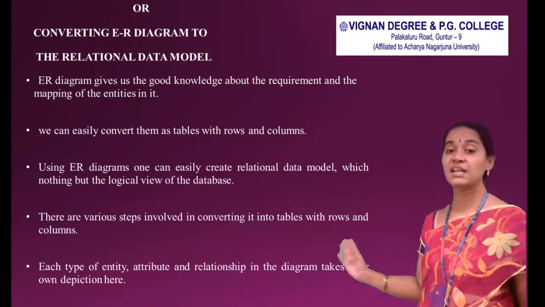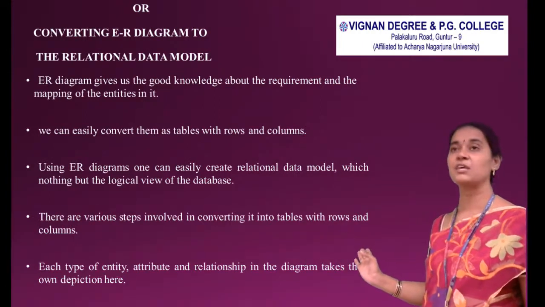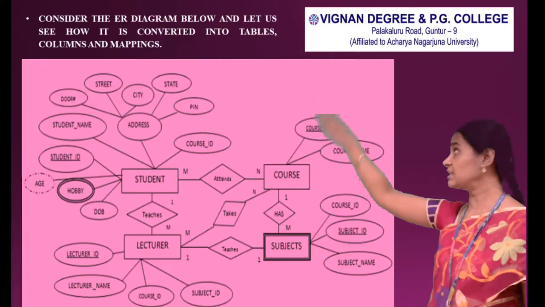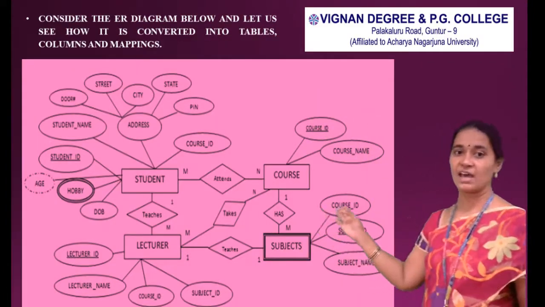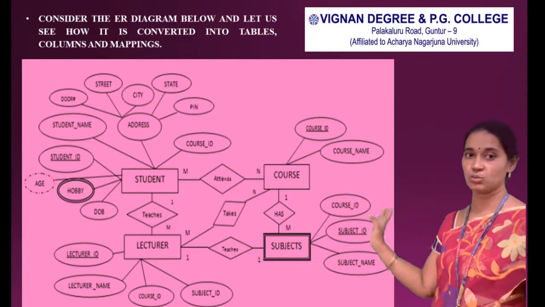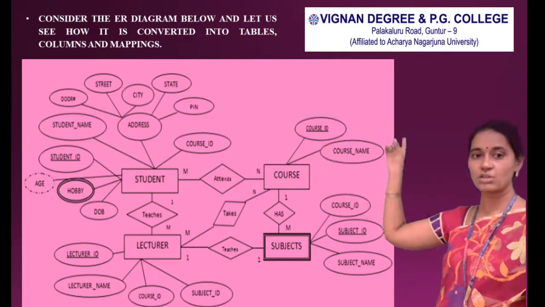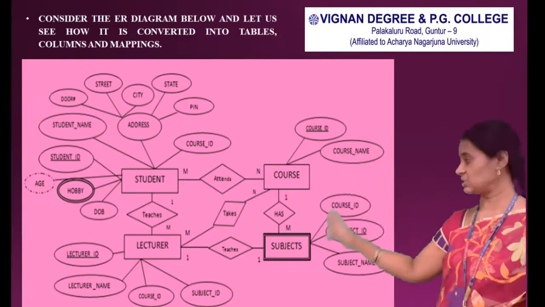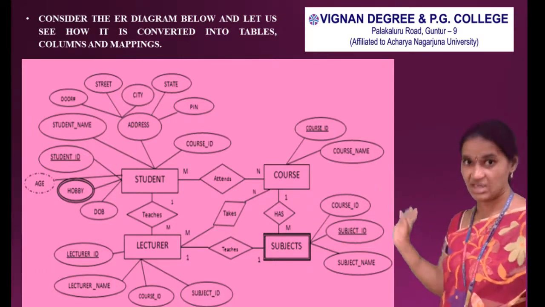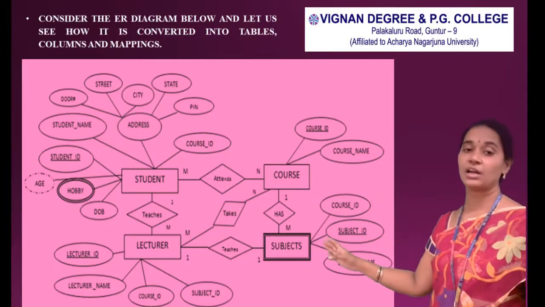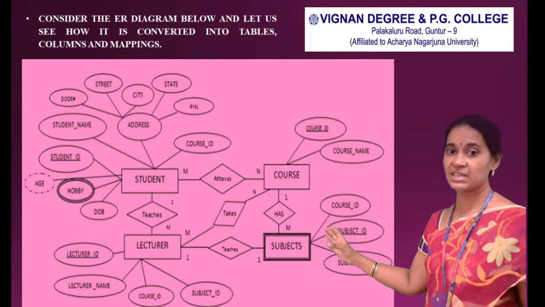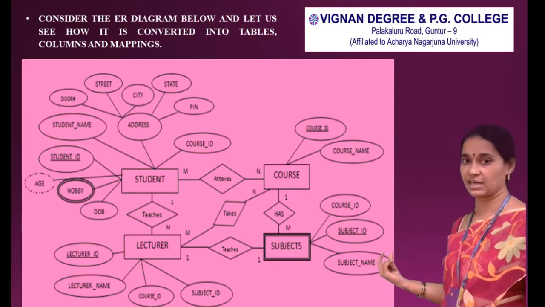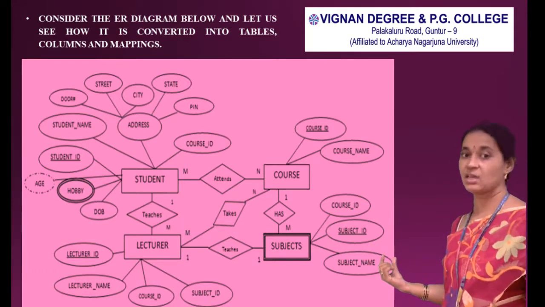Now let us consider an ER diagram and see how it is converted into tables. In this diagram I have considered four major entities which include student, course, lecturer and subject, in which student, course and lecturer are entities, and the other entity, subject, which is placed in the double rectangular box, is called a weak entity.